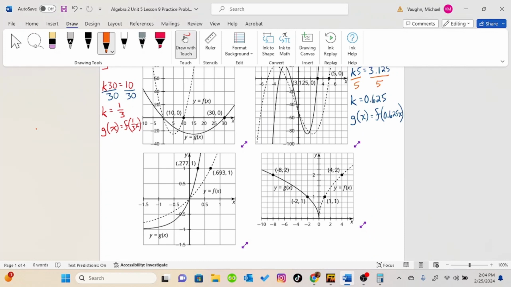Now if we look at the bottom left example, g of x is the solid line, and f of x is the dashed line.